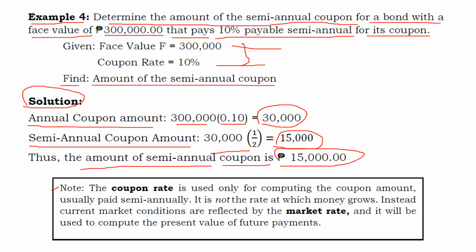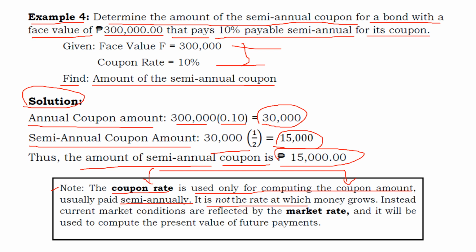So we need to take note: the coupon rate is used only for computing the coupon amount. So we only apply this coupon rate to compute the coupon amount. It is usually paid semi-annually, so if the given is annual, we simply divide the annual coupon amount by 2, and that is the amount of the semi-annual coupon.